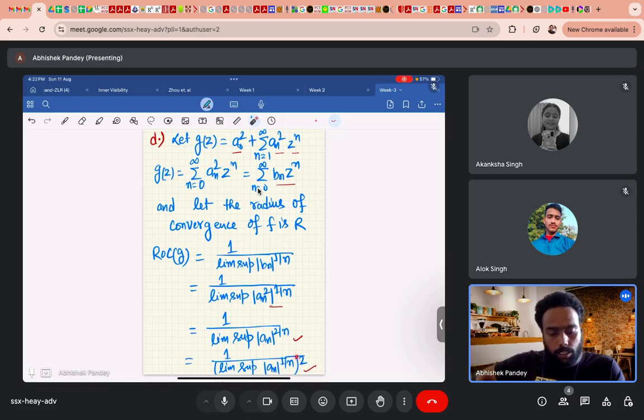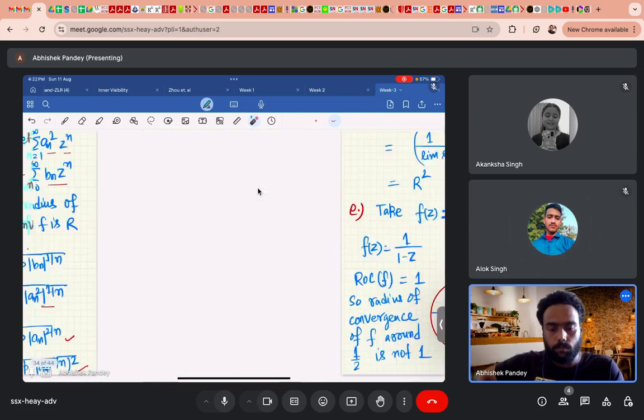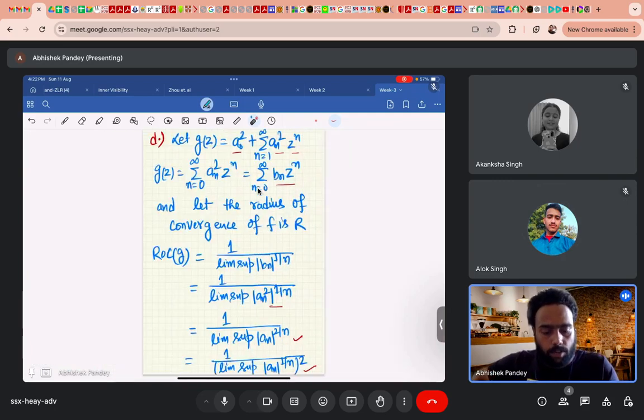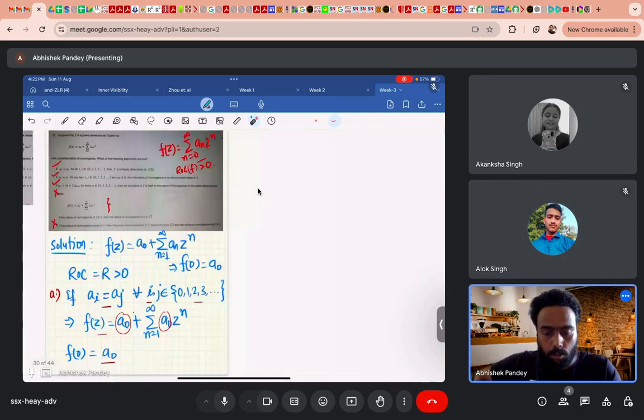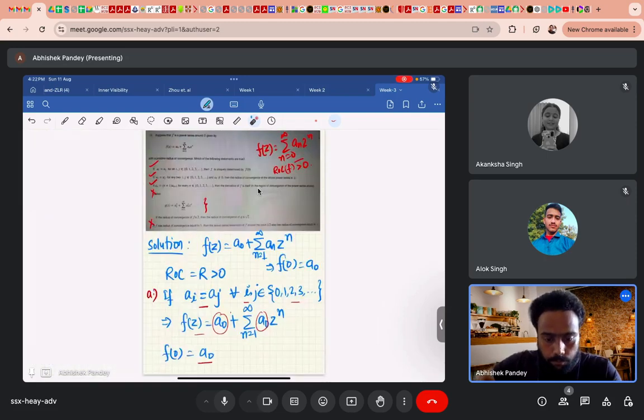What is this quantity? This is the radius of convergence of f, yes. So this is the ROC of f, capital R, positive.